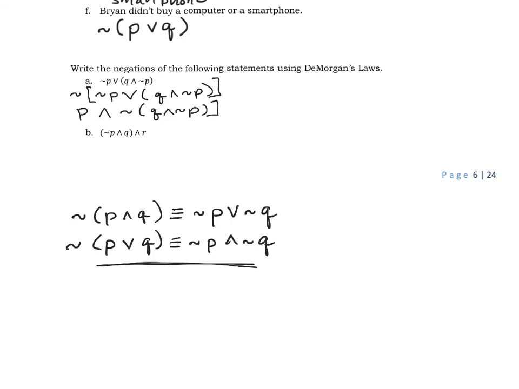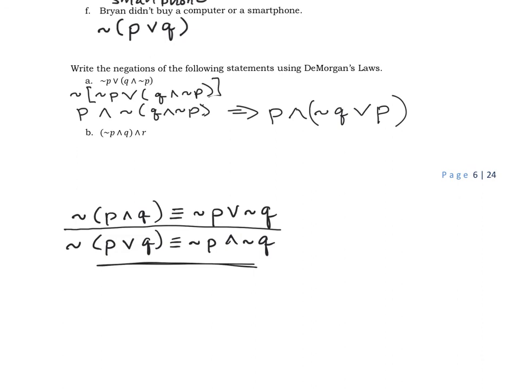All right, so now I need the negation of this particular parentheses using De Morgan's law. So now we're going to use this property right here, okay? So I have P disjunction, and then I'm going to have the negation of Q. And instead of the conjunction, I'm going to have a disjunction. And then the negation of the negation of P would be P. There. All right, there we go.